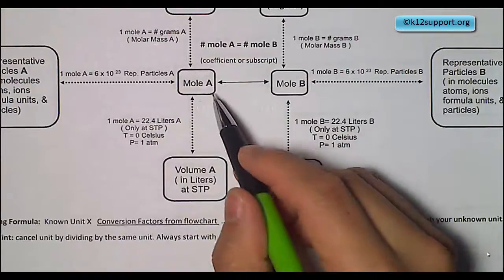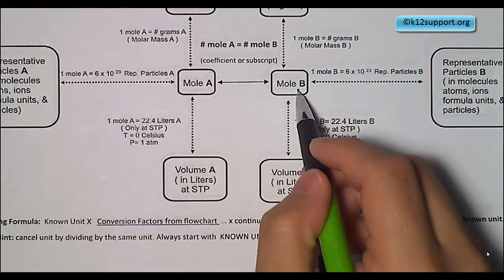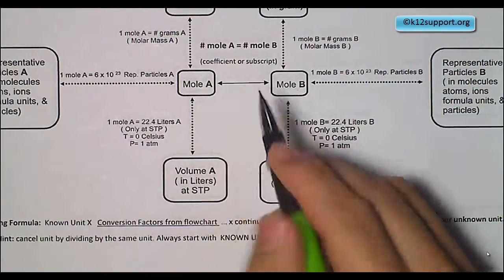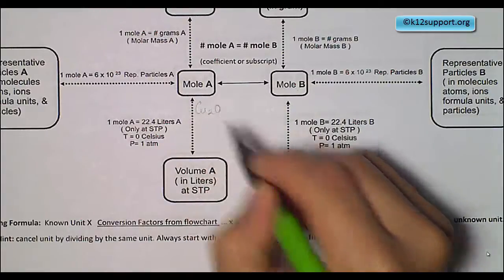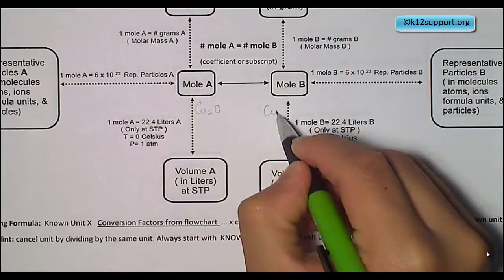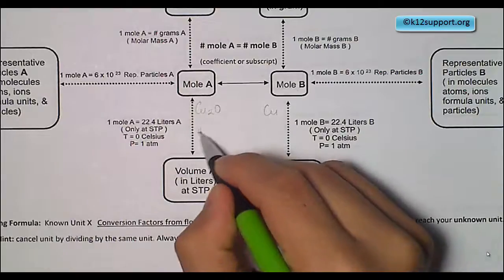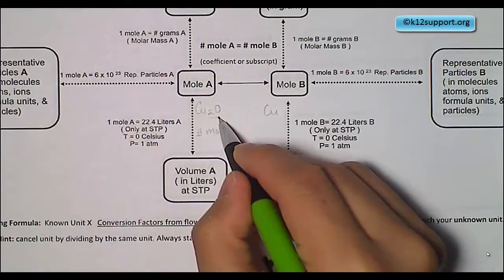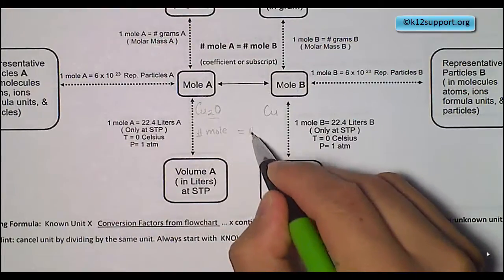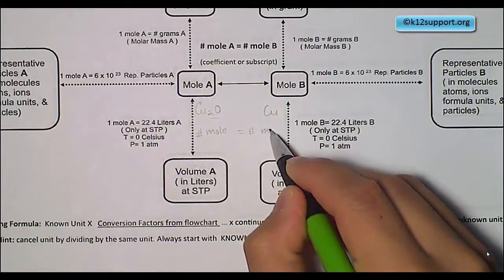Look at the flowchart. You have moles of A convert to moles of B using this conversion factor. Specifically looking at copper oxide to copper, you would have the number of moles of copper oxide equal to the number of moles of copper.